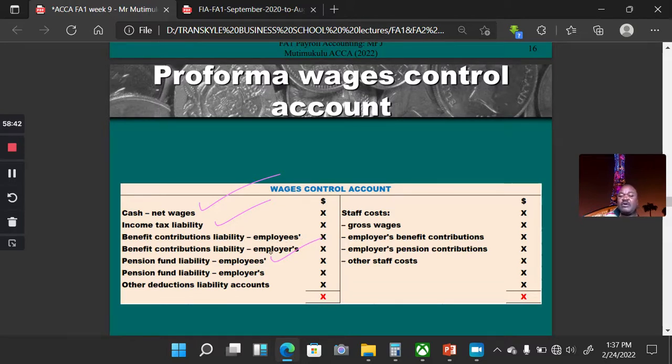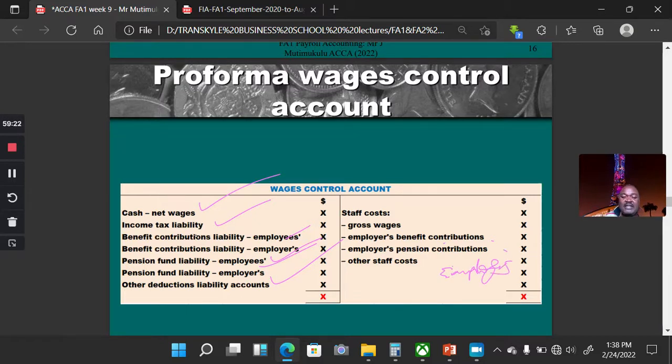Remember, both the employee and the employer contribute for their pensions, for their benefit contributions, and so forth, as well as the other deductions. Now, the trick about this side: the benefit contributions or the pension contributions, it is the employers' that come to this side.